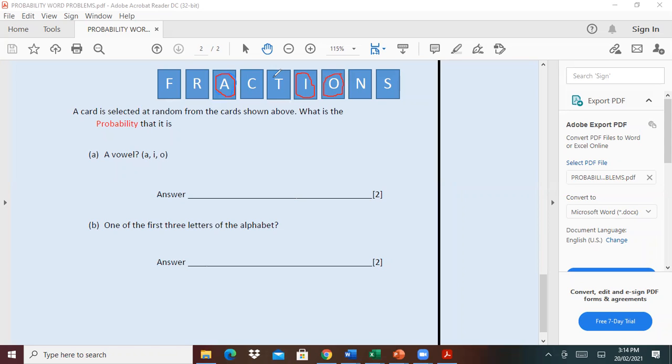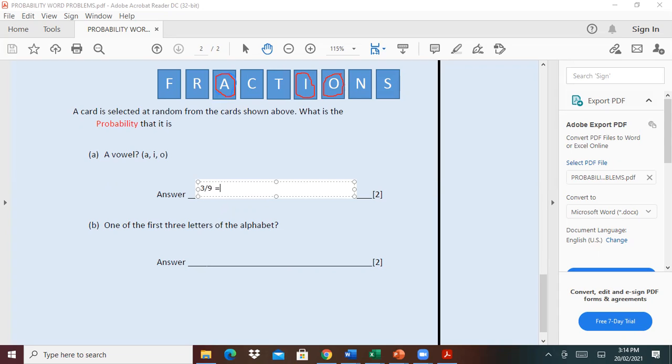So we know that our probability is going to be 3 out of, and what's the total number of letters? We have 1, 2, 3, 4, 5, 6, 7, 8, 9. We have 9 letters in the word fractions. So our probability that we will choose a vowel is 3 out of 9.